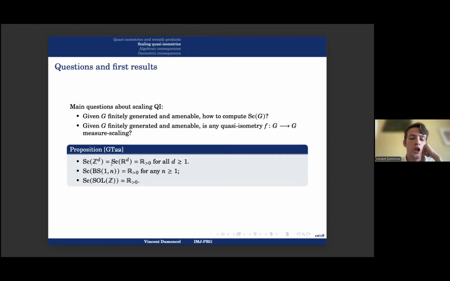For instance, you can check that for Euclidean spaces, if you look at homotheties, it is already enough to see that the scaling group of R^d is the whole of the strictly positive real numbers. And it is also possible to show that the scaling group of, for instance, the solvable Baumslag-Solitar groups is also the whole of R.